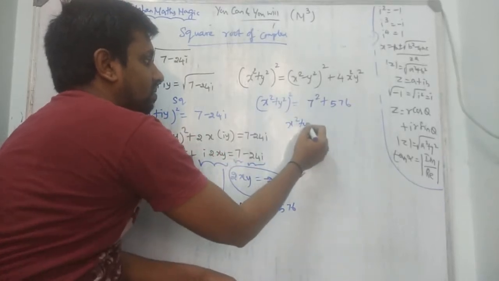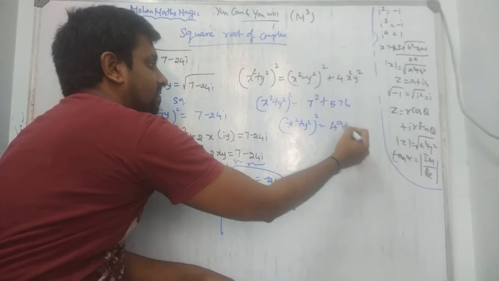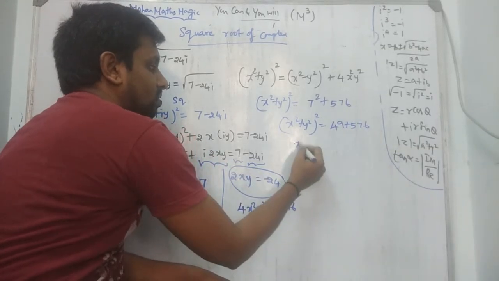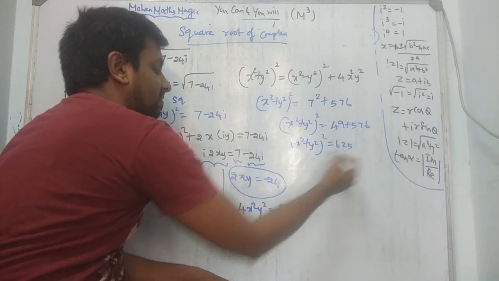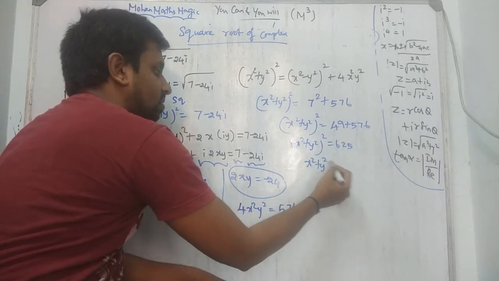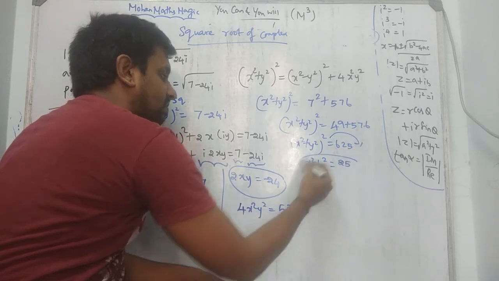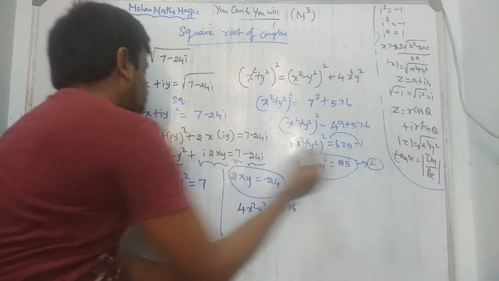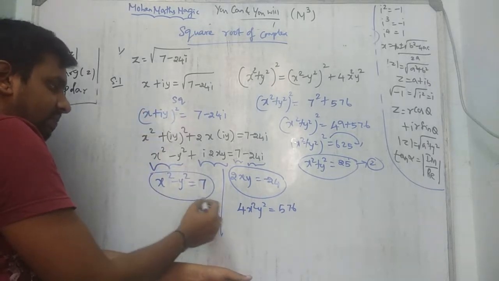So (x square plus y square) whole square equals 49 plus 576, which is 625. Taking the square root, x square plus y square equals 25. This is equation number 2 and the earlier one is equation number 1.